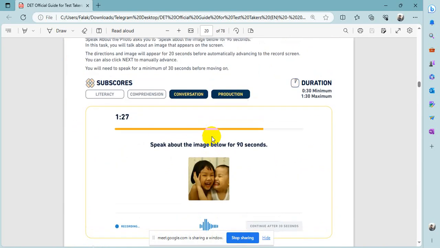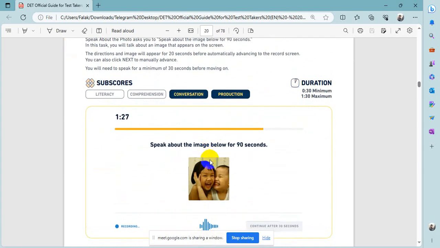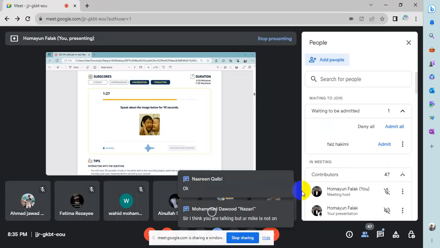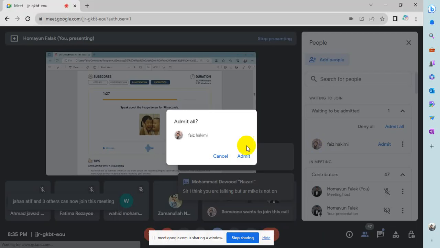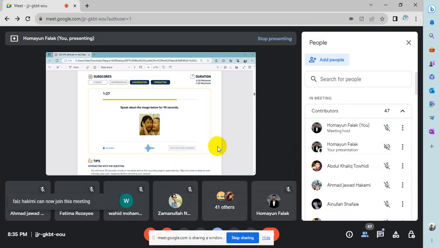And the last question type that we have covered was speak about the photo. They give you a photo and they ask you to speak about that photo for 90 seconds. Minimum, you should talk about the photo for at least 30 seconds, but maximum you have 1 minute and 30 seconds, meaning 90 seconds.